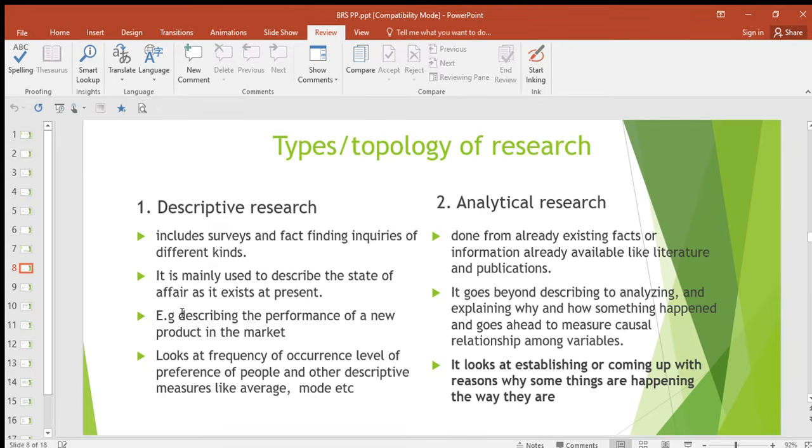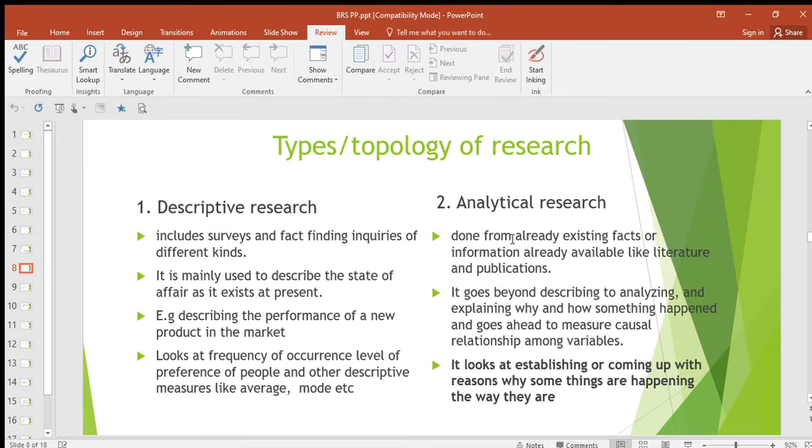Then analytical research. Analytical research comes from the word analysis or analytics. So it's all about analyzing, and you cannot analyze things that don't exist. So you analyze things that already exist.